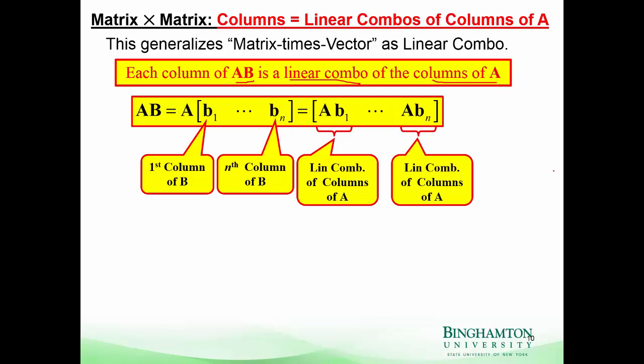So let's take a look at this. It's pretty easy to verify, and I would encourage you to try this out with a few small scale examples. We take matrix A times matrix B, assuming that they are of the right inner dimensions to allow multiplication.